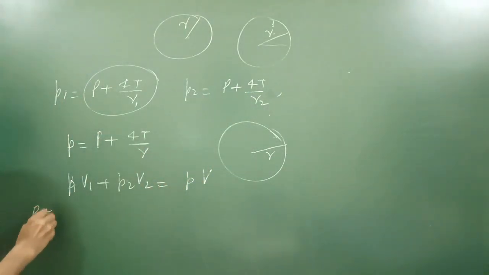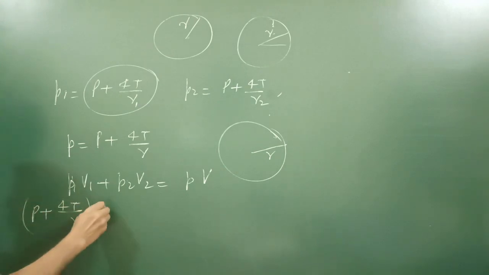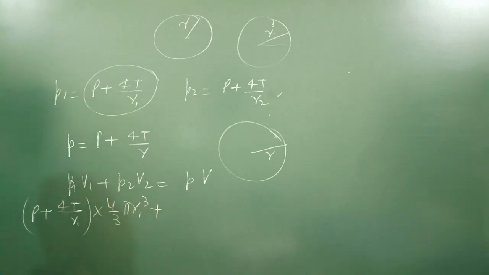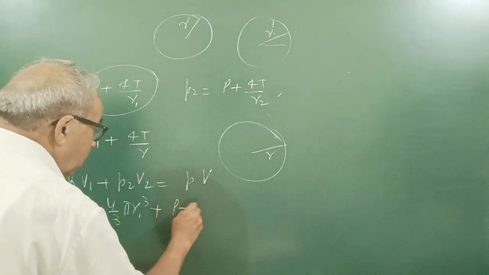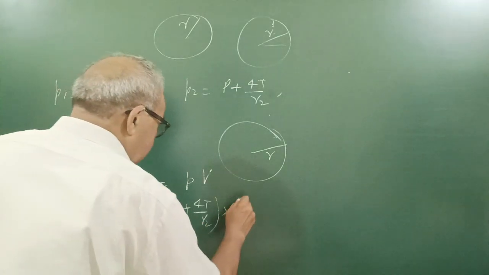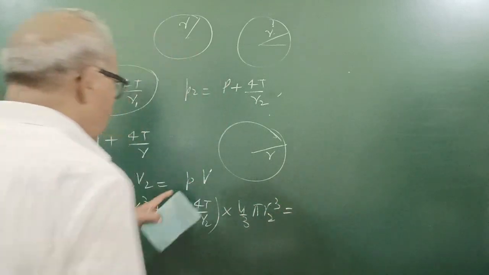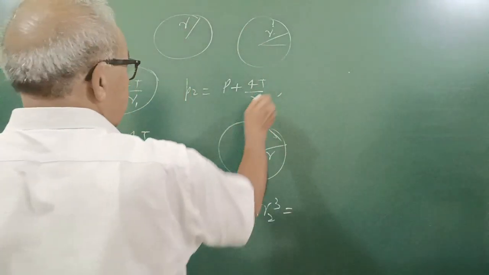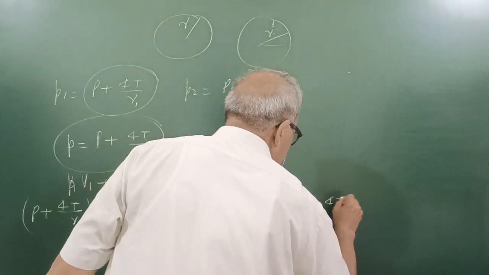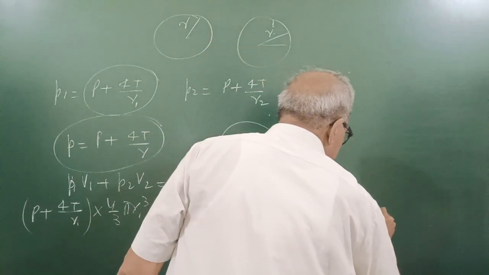So P plus 4T upon R1 into 4 by 3 pi R1 cube, plus P plus 4T by R2 into 4 by 3 pi R2 cube, is equal to P plus 4T upon R into 4 by 3 pi R cube.